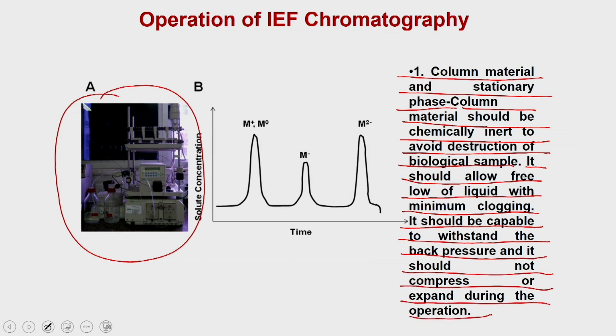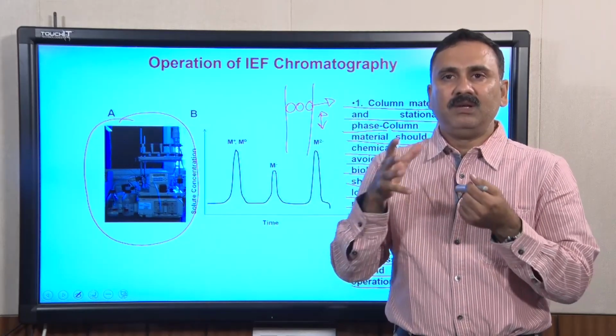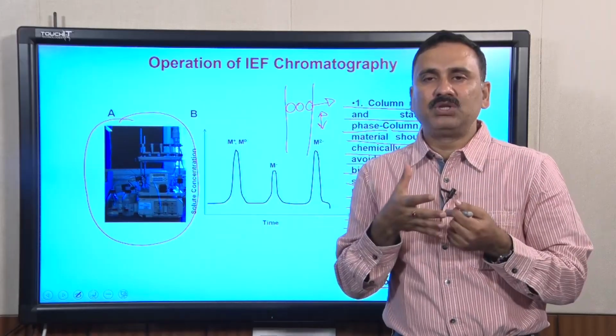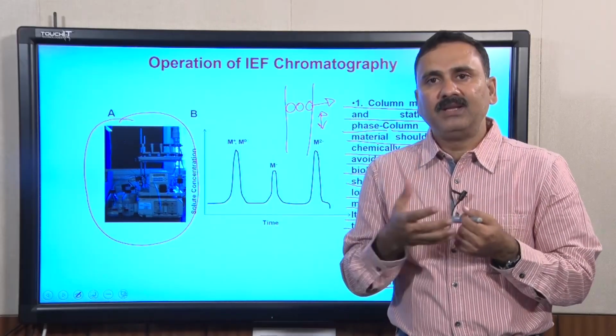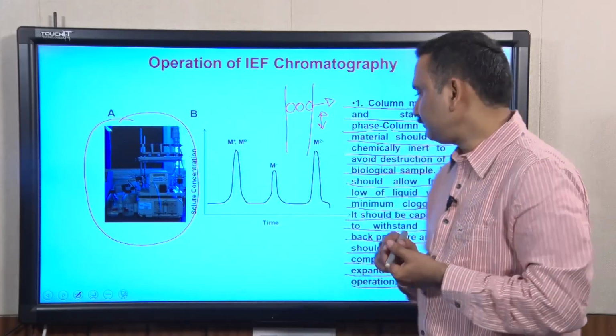If you are putting beads in a column, these beads should withstand some pressure so that they do not shrink or expand, because that would change the overall arrangement of the beads within the column, destroy the packing, and eventually affect the purification.